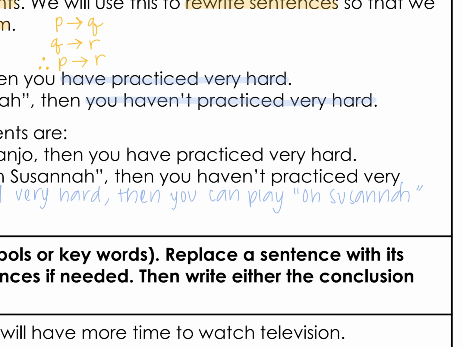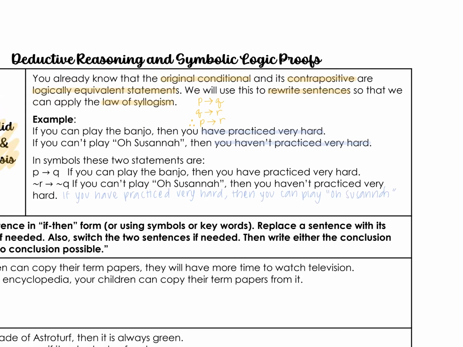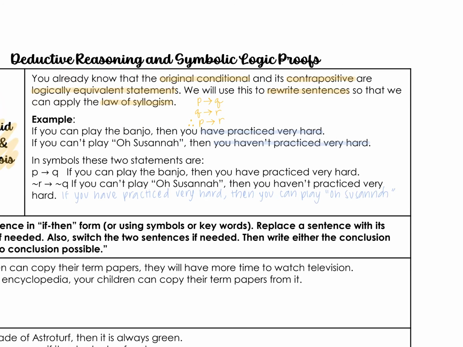That's what that second sentence will actually read as now. And like I said, that has exactly what we're looking for. In the first sentence, we have that you have practiced very hard. Now in that second sentence, once we've done that contrapositive, we will have that same, you have practiced very hard. So we'll be able to write our conclusion.